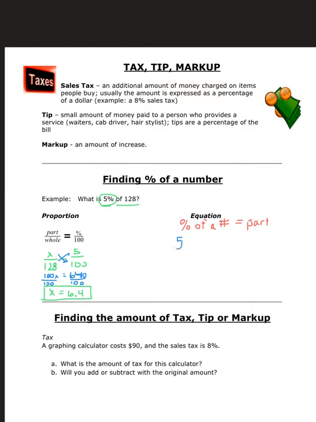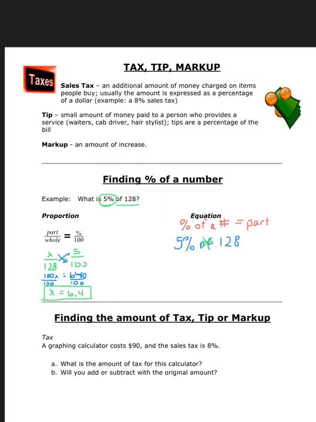So that means we're going to find 5% of the number 128. Well, now here's the thing. You need to know that the "of" translates into a multiplication symbol. So basically, you're doing 5% times 128.